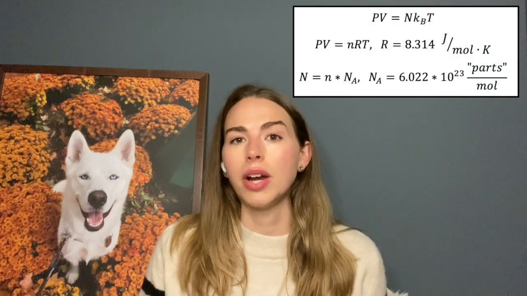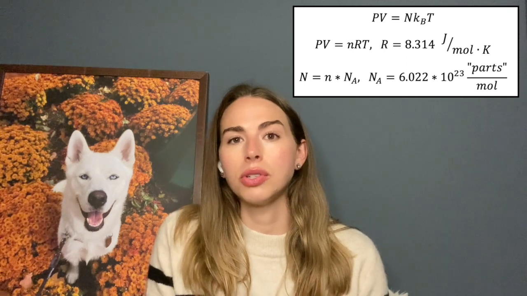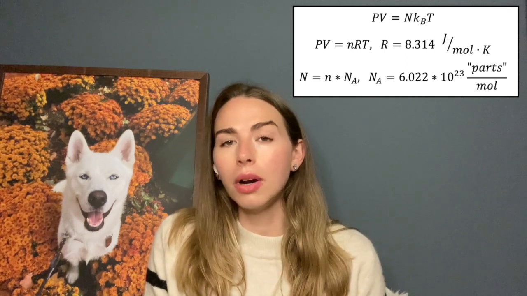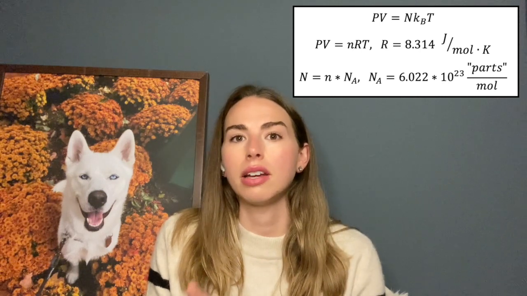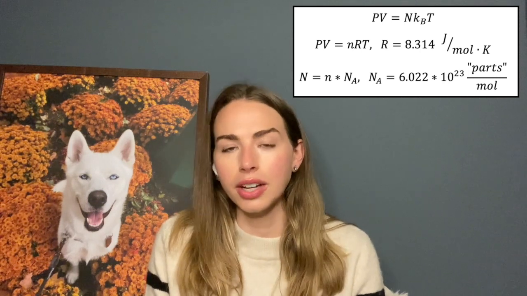This is an equation you get introduced to in chemistry, so depending on when you're taking this physics course, you might already be really familiar with it. We have the pressure times the volume is equal to the number of particles times the Boltzmann constant times the temperature, again in Kelvin.